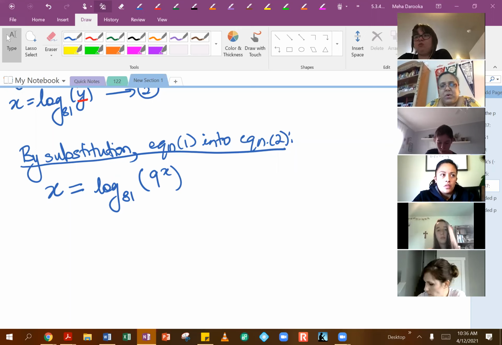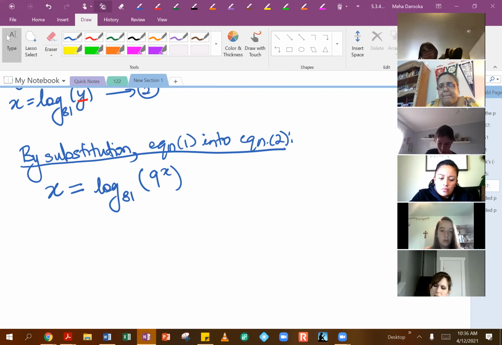Now, any ideas what we can do going forward from here? Just kind of remembering the stuff we did in the last chapter. Would it help if you changed the 81 to 9 squared?